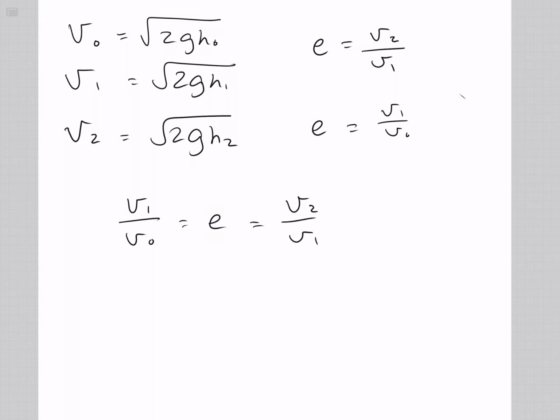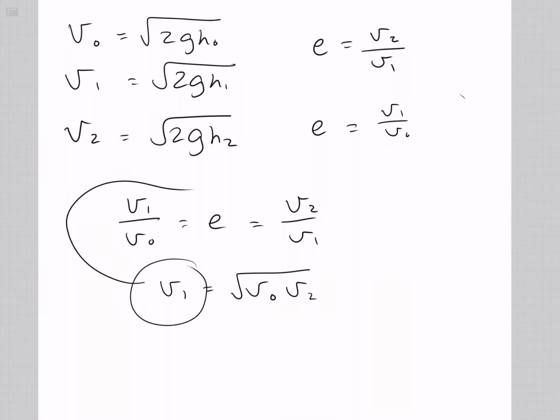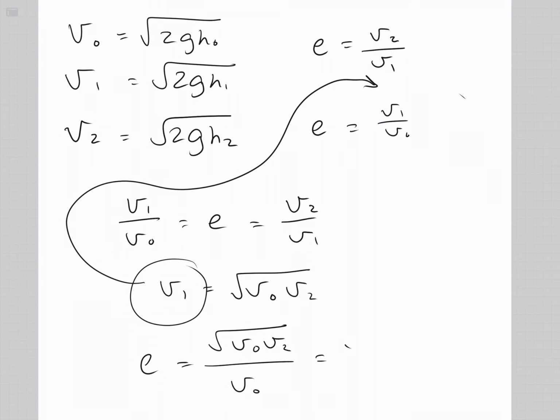Starting with V1 over V0 equals V2 over V1, and solving for V1, we get that it is the square root of V0 times V2. If we substitute this V1 into the E equation, we get E in terms of V0 and V2, which looks like the square root of V0 times V2 all over V0.